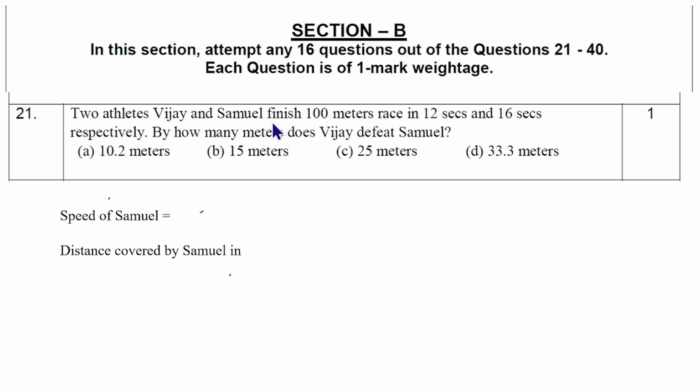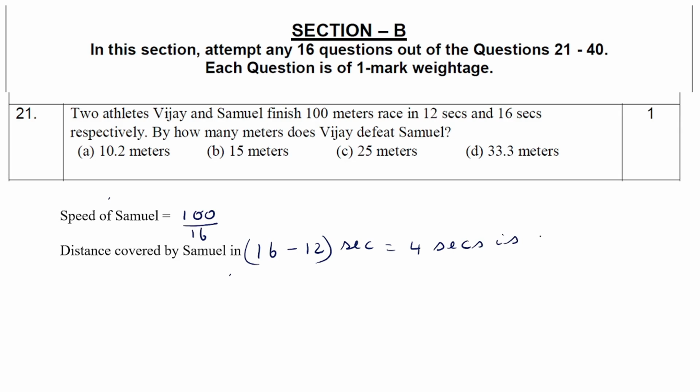So here it says Samuel has finished the 100 meters race in 16 seconds. So speed of Samuel will be 100 by 16. Now distance which is covered by Samuel in 16 minus 12 seconds, which is 4 seconds.